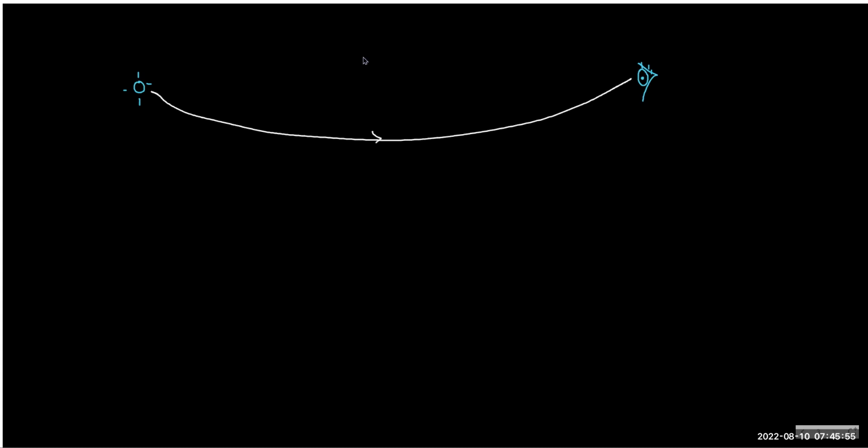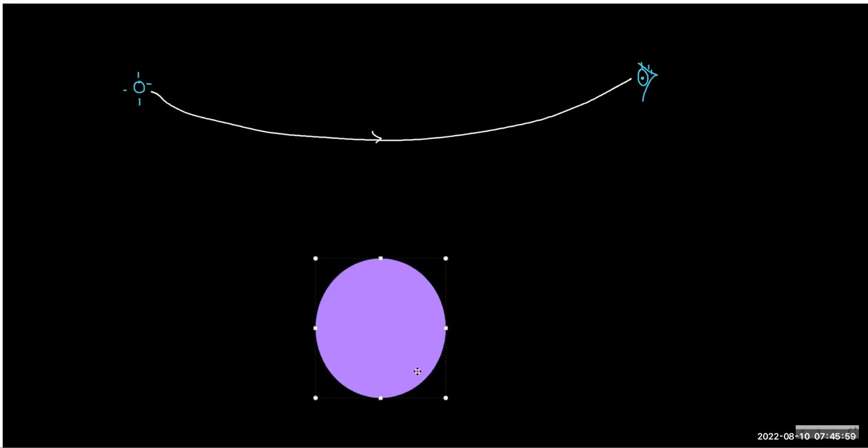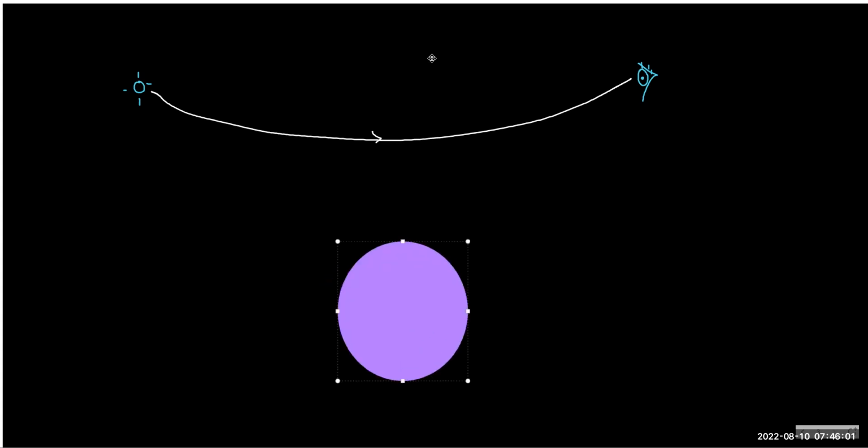Why? Because we have a somewhat black hole here. Imagine we have a black hole here, and because it's a black hole, the light will bend. A black hole is so powerful it will bend the light, and the whole idea of a straight line will be disturbed.